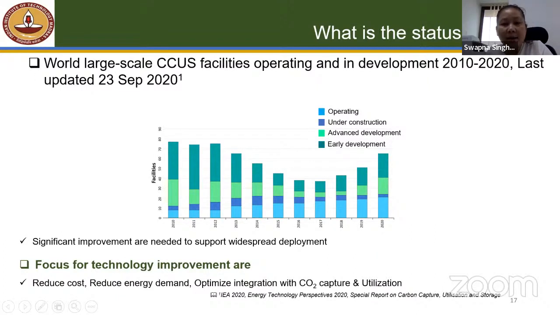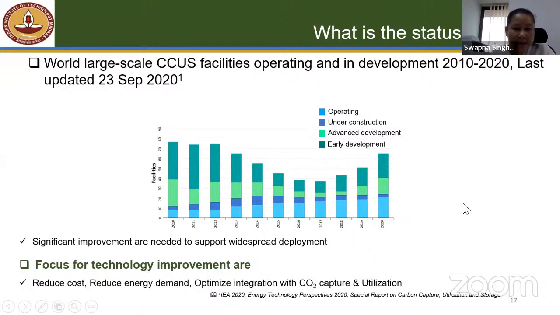So these are again from the International Energy Agency report, showing that facilities are already operating and development is going on from 2000. For example, in 2010 there are fewer operating, with more early development and advanced development going on.